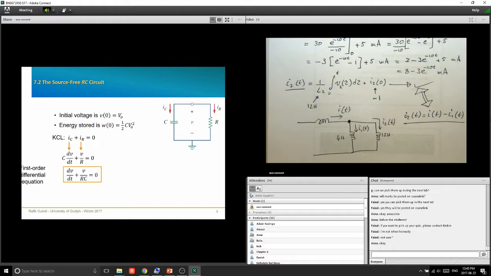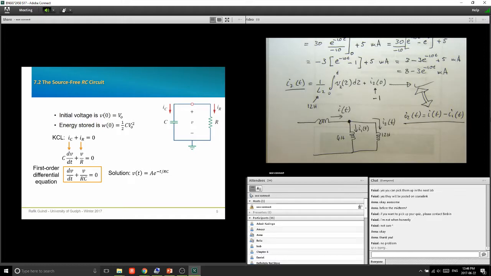That's the differential equation, right? If you divide by C, you end up having dV/dt plus V over RC equals 0. That's a first order differential equation. So that's what we said earlier, that a first order circuit is described by a first order differential equation, and here you have it. Differential equations are not part of our course.